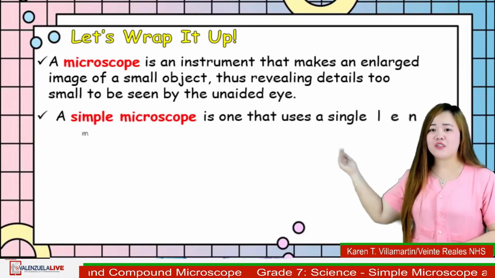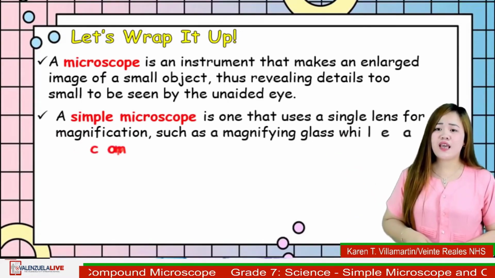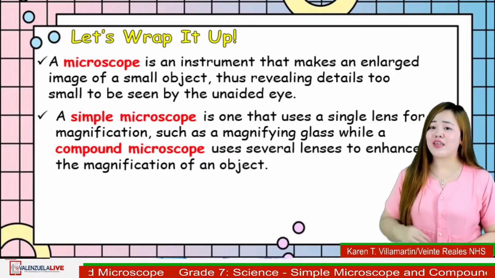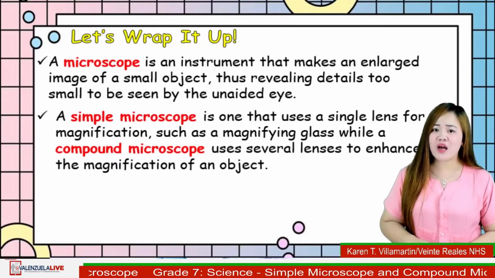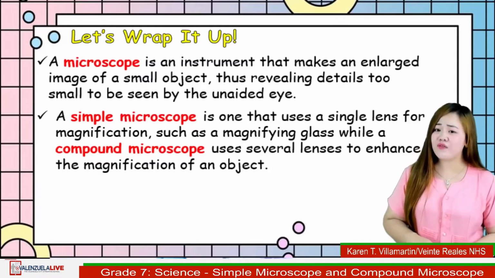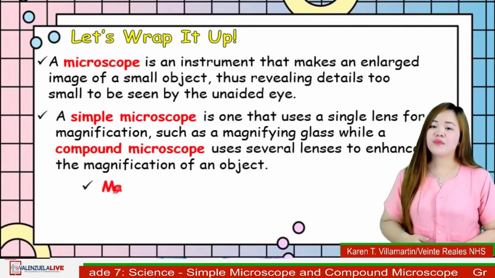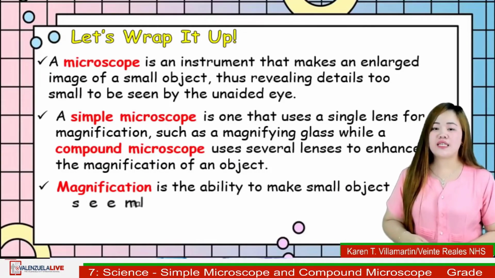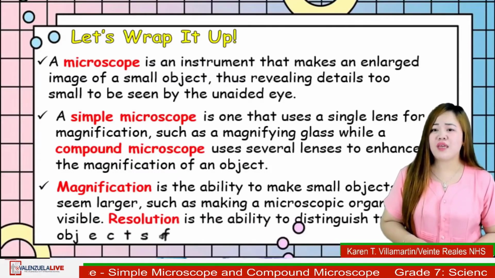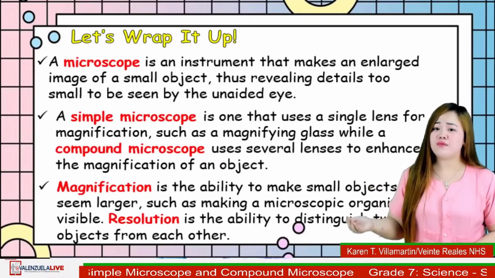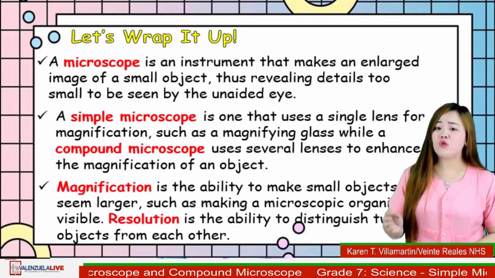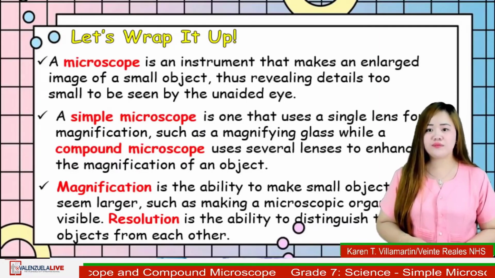A simple microscope is one that uses a single lens for magnification, such as magnifying glass, while a compound microscope uses several lenses to enhance the magnification of an object. Magnification is the ability to make small objects seem larger, such as making microscopic organisms visible. Resolution is the ability to distinguish two objects from each other.